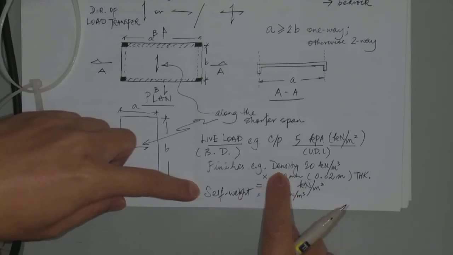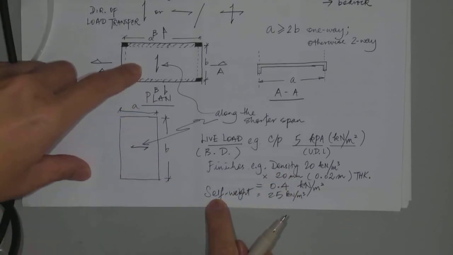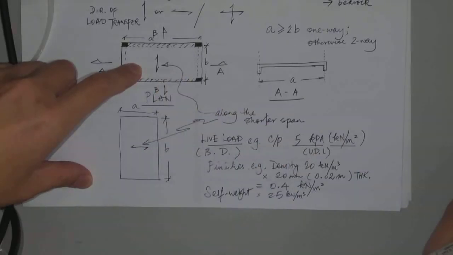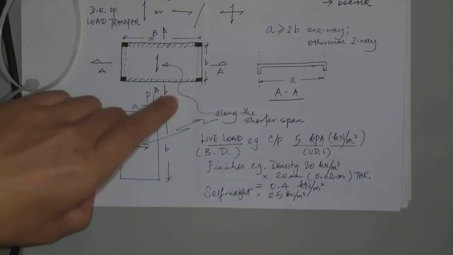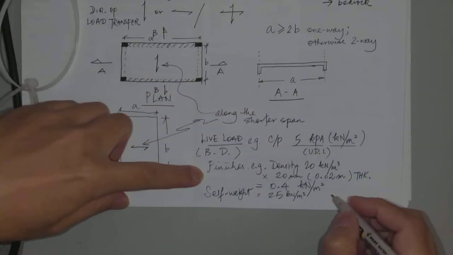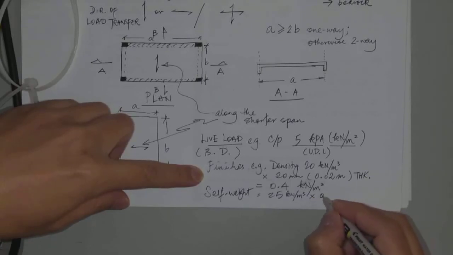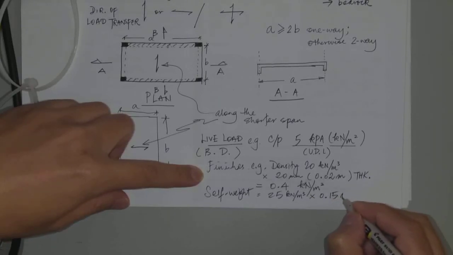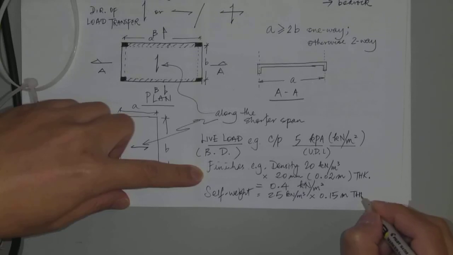Again, you need to multiply by the thickness. How thick is the slab? So let's say this is 150 millimeters, so that would be times 0.15 meter thick.